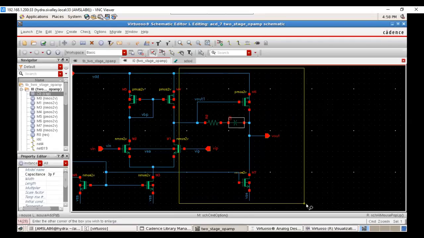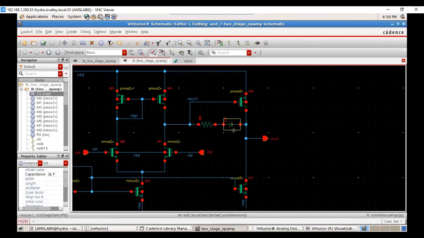This CC is introducing a zero because at one frequency the capacitor will become a short circuit. Short circuit means Vout1 will be shorted to Vout, which I don't want to happen. So I will place a pole at the frequency at which this capacitor becomes short.